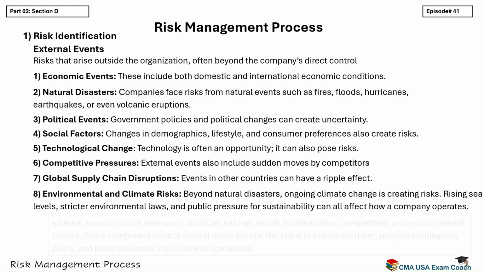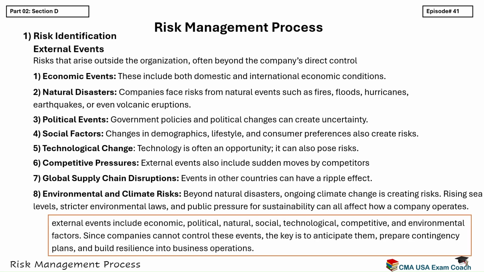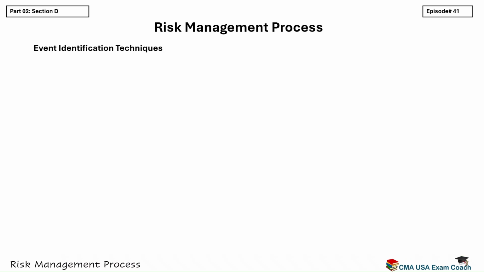So, external events include economic, political, natural, social, technological, competitive, and environmental factors. Since companies cannot control these events, the key is to anticipate them, prepare contingency plans, and build resilience into business operations. Let's look into the various event identification techniques that are commonly used in the process of risk identification.